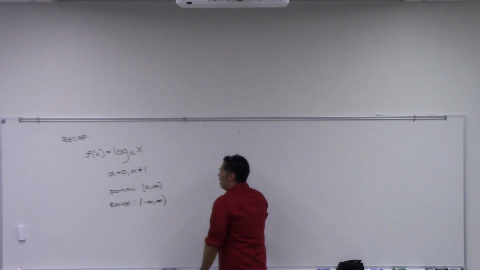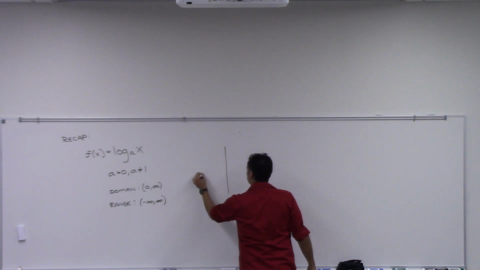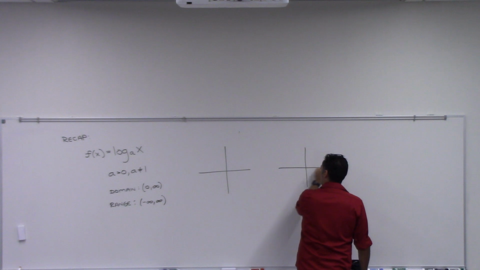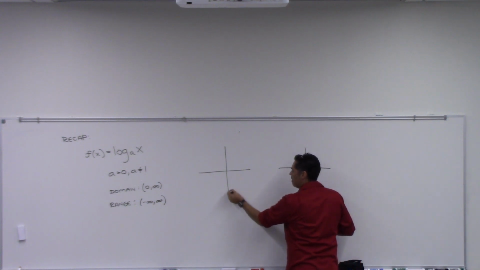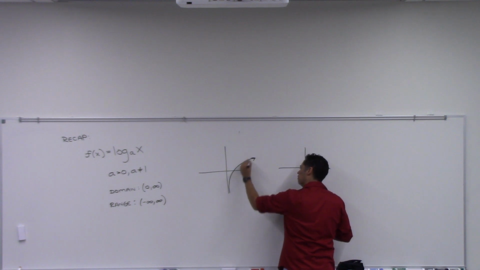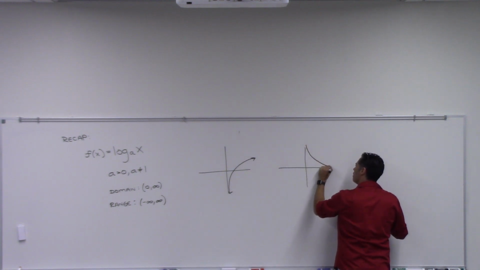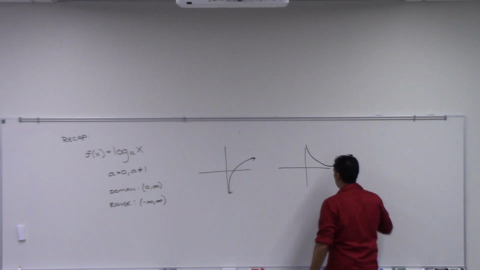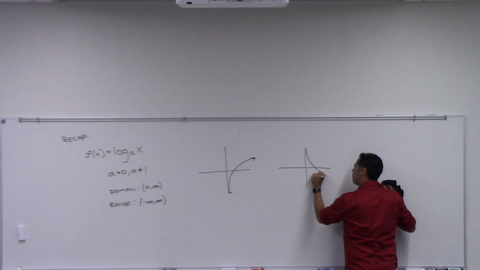All right, I didn't mention this before, but when you graph this, we're going to have one of two things happen. It's either going to look like this, or it's going to look like, oh, I did that wrong, sorry. Or it's going to look like this.